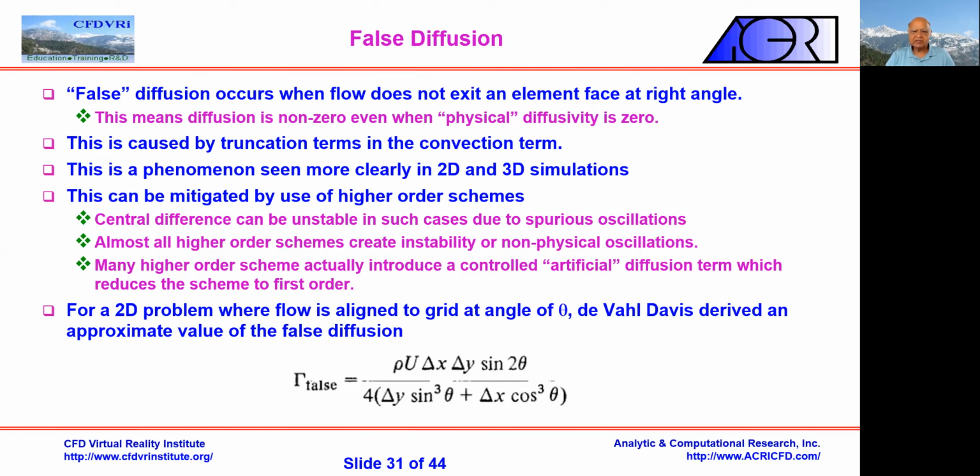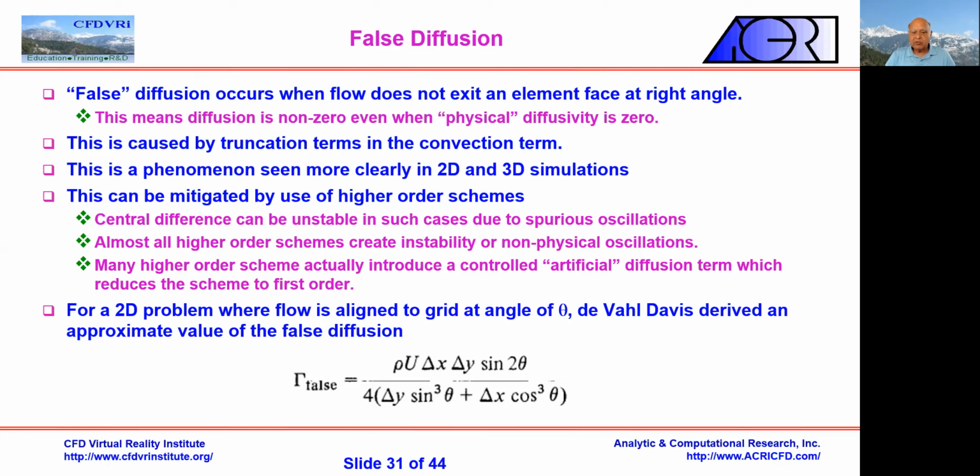There may be some exceptions, but that's what happens. Actually, what is going on is that many higher order schemes, to get stability or suppress physical oscillations, inject a controlled artificial diffusion term into the equation deliberately. You just control it, so it's the smallest amount needed to stabilize it. But what that does is it typically reduces the scheme to first order at those points.